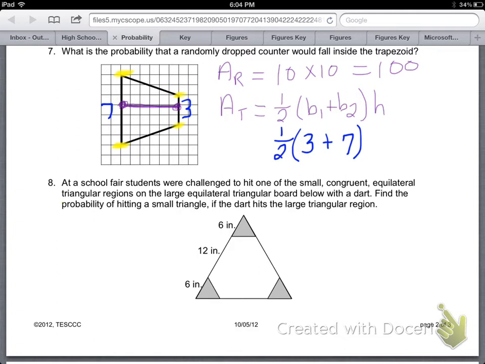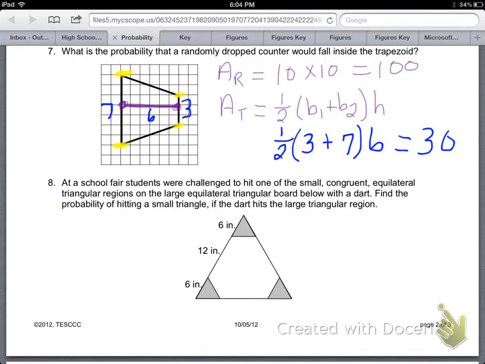If you count that, it gives you 6. So that is my height, 6. You put that in the calculator. 7 plus 3 is 10. Half of that is 5. 5 times 6 is 30.